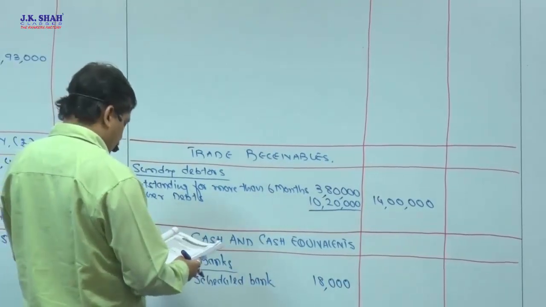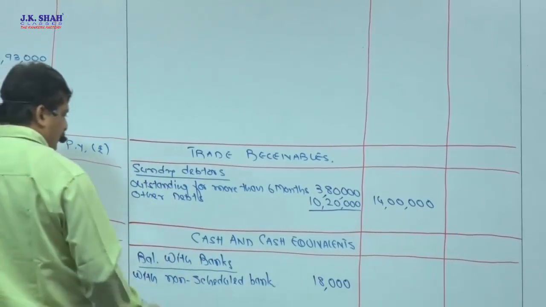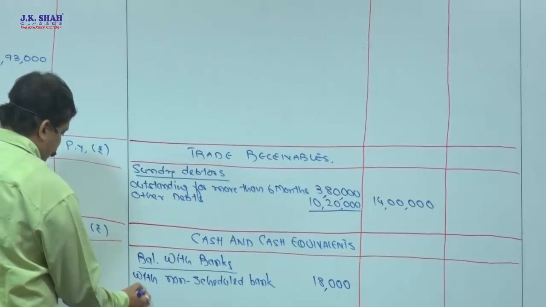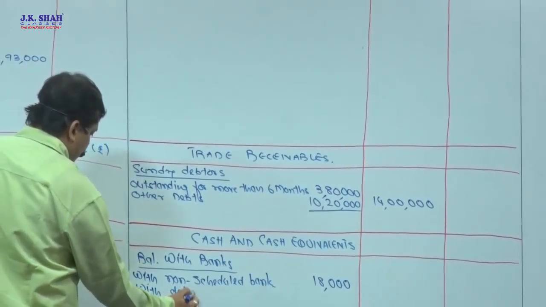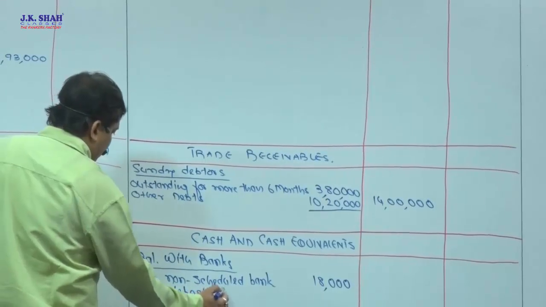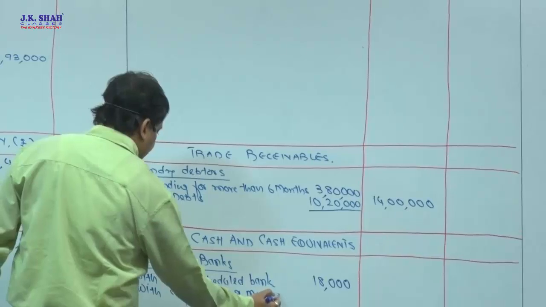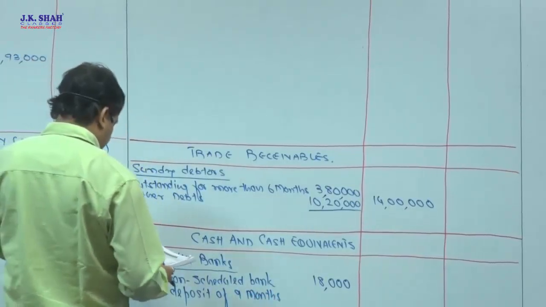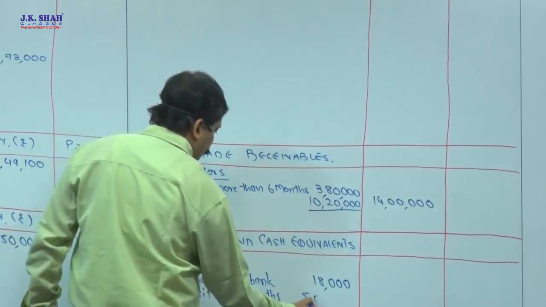What else is given? Deposit of 5 lakh are for a period of 9 months. So write down deposit of 9 months, amount 5 lakhs.